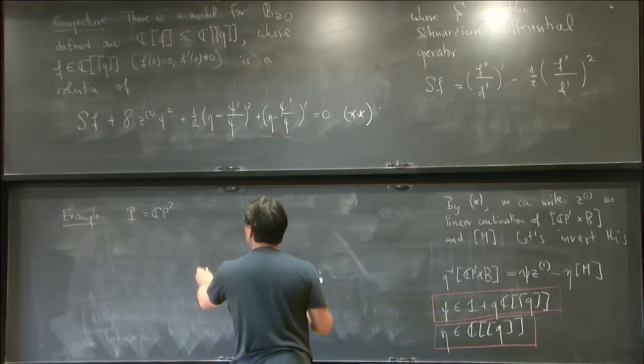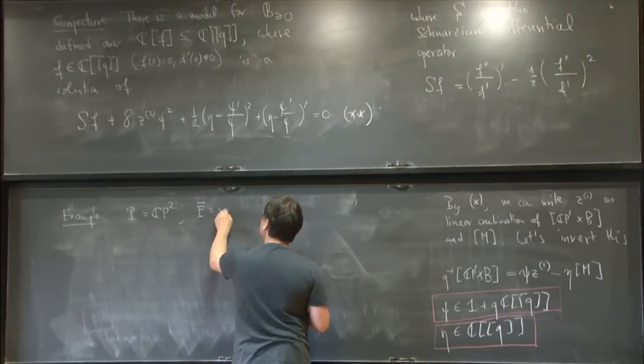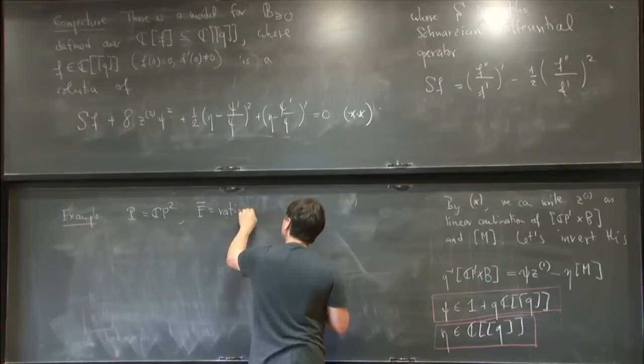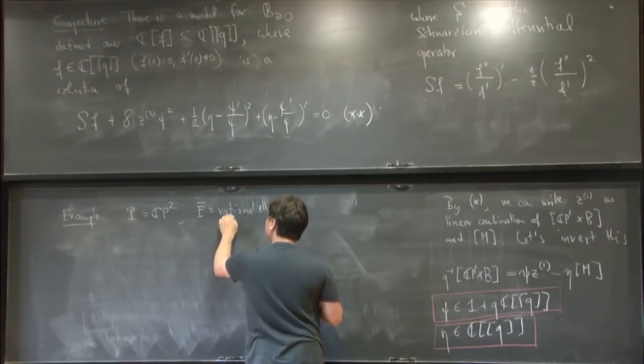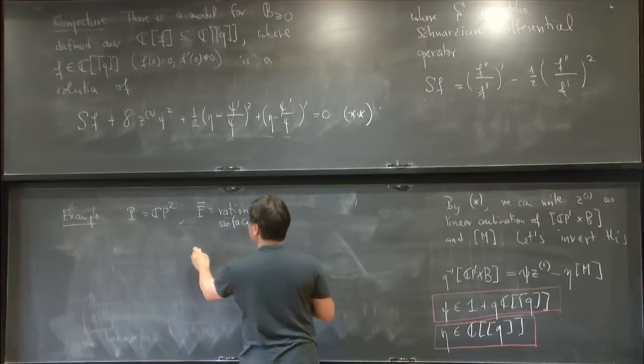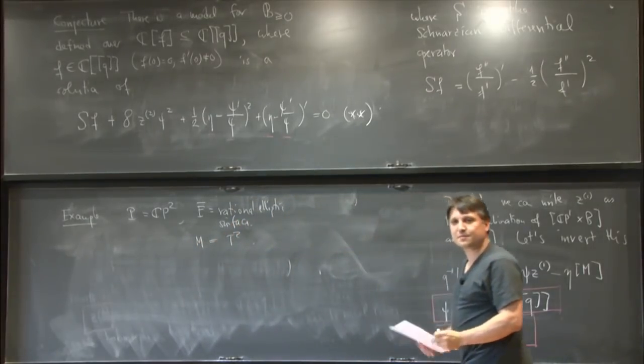And so if I blow this up, E is the rational elliptic surface. And M is actually T2, okay?